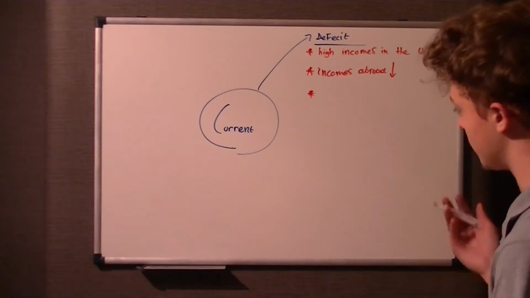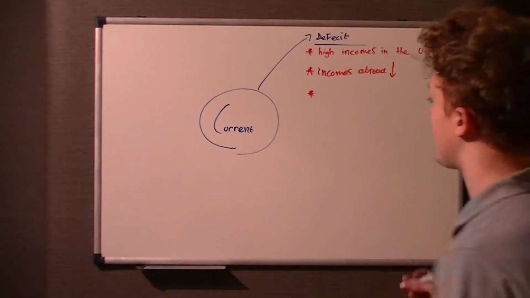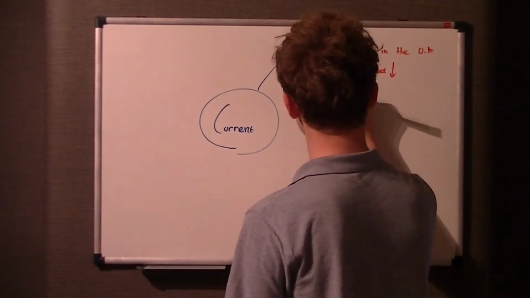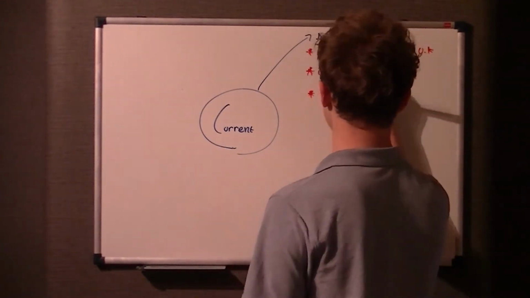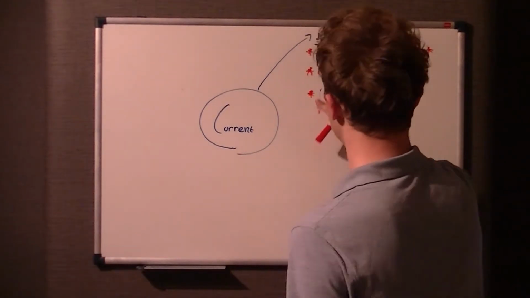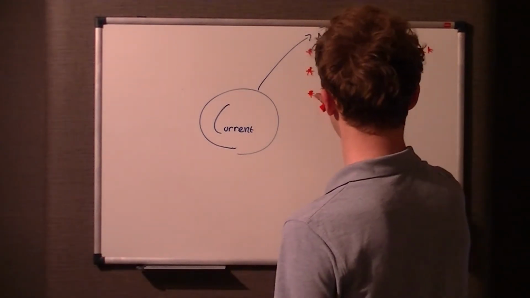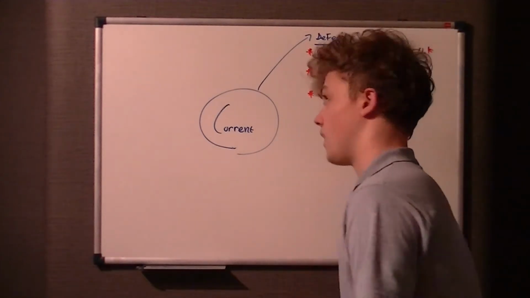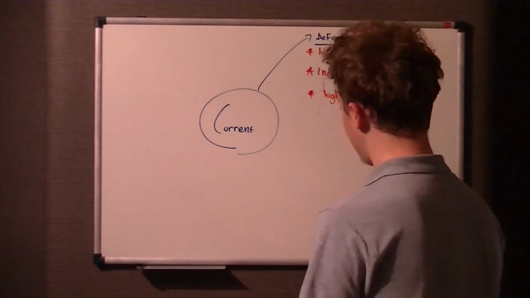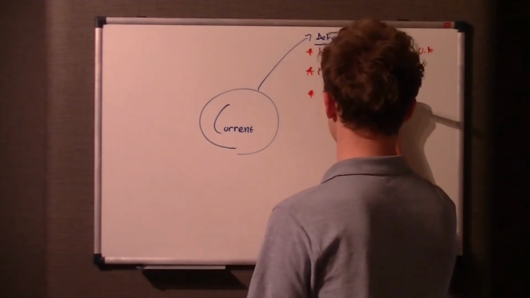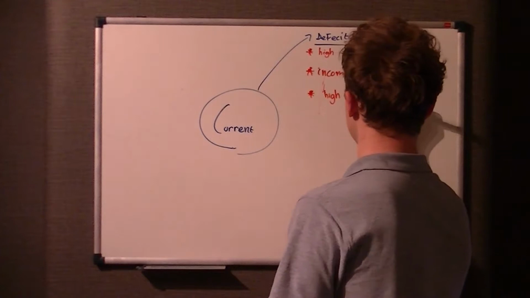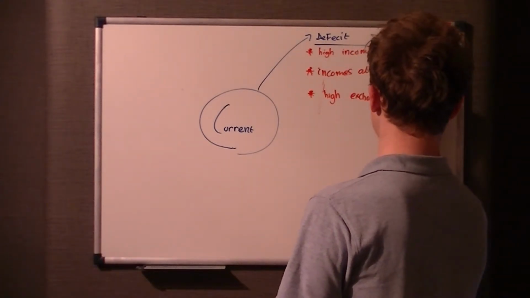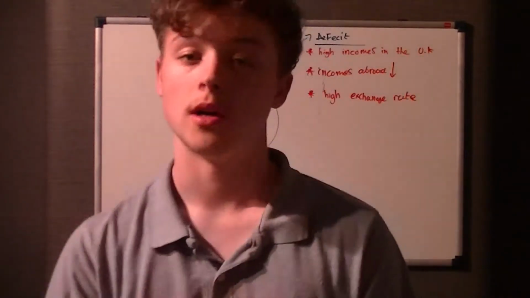So if incomes abroad have reduced, that essentially leads to our other thing, which is the exchange rate being very high. So exchange rate increasing, not necessarily increasing, that's quite misleading, but I'll just put a high exchange rate. So if our exports seem not as attractive, a high exchange rate needs to be in place. Basically, the exchange rate is the amount of money they need to buy our pound.